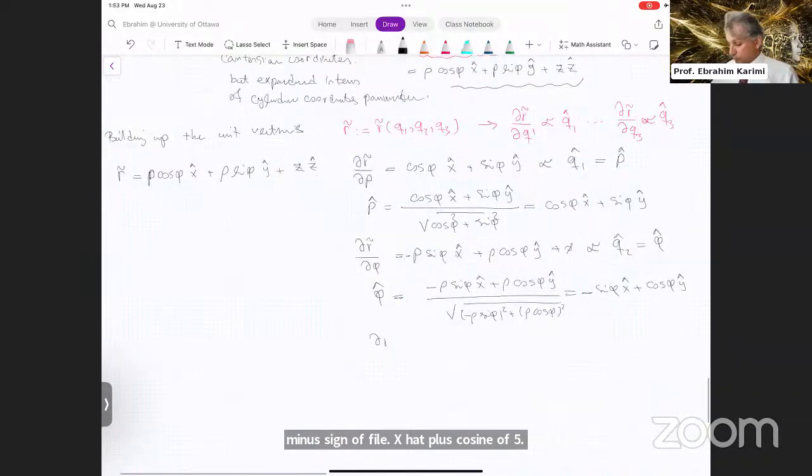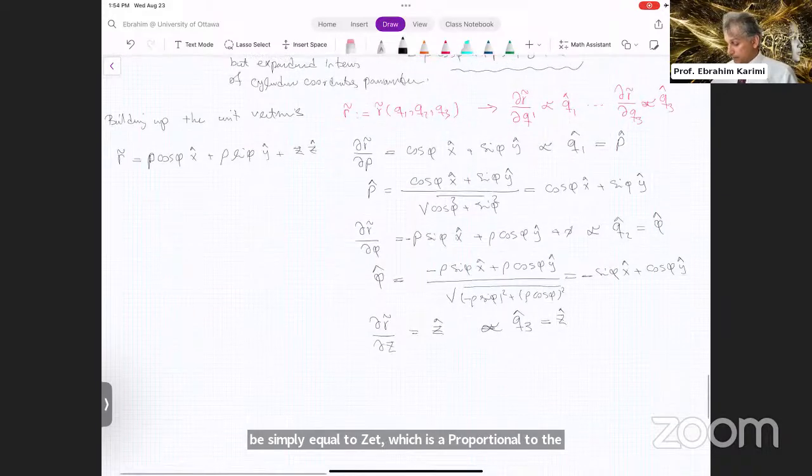The derivative with respect to z of r will be simply equal to z hat, which is exactly proportional to q3, which is z hat. So in this specific example, z hat is equal to z hat.